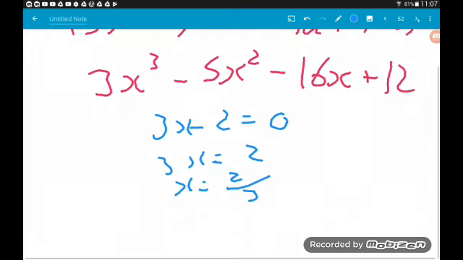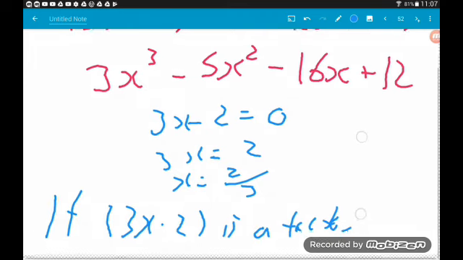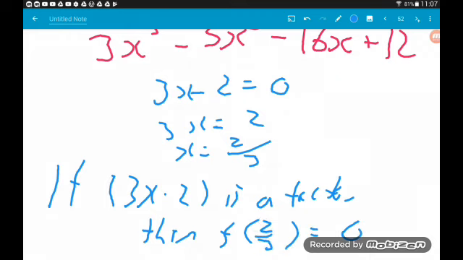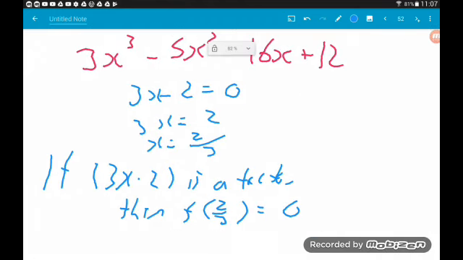So, if 3x minus 2 is a factor, then f of 2/3 will equal 0. So, we need to show whether or not it does.